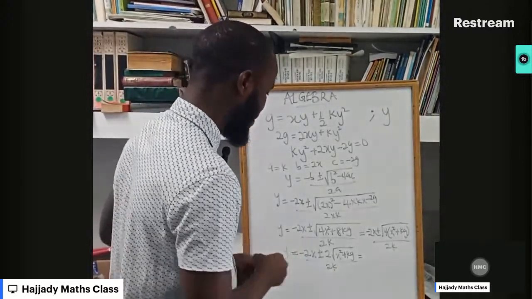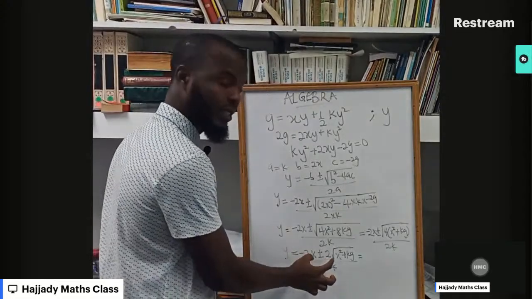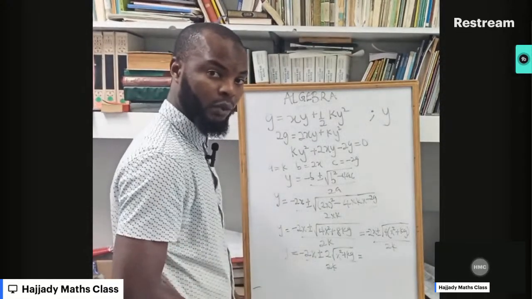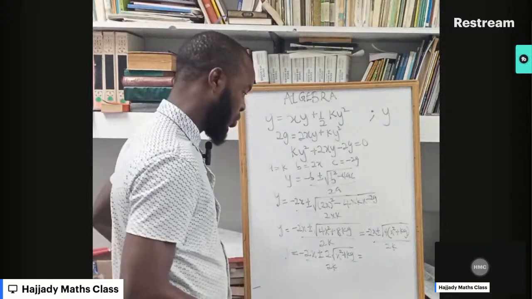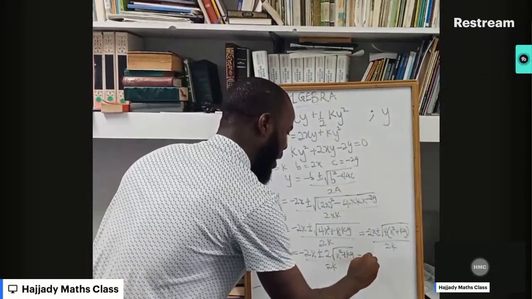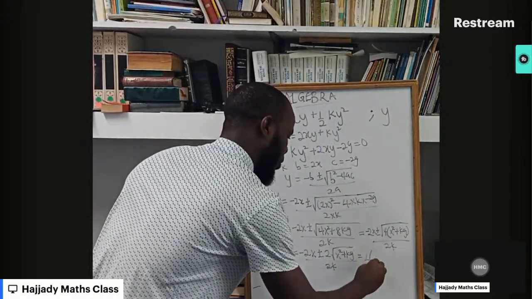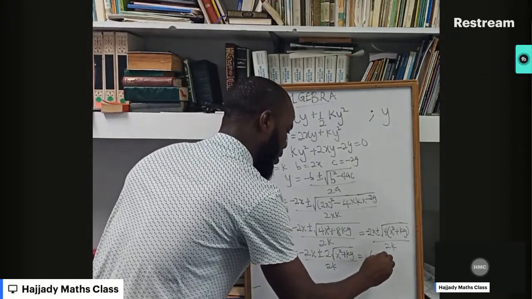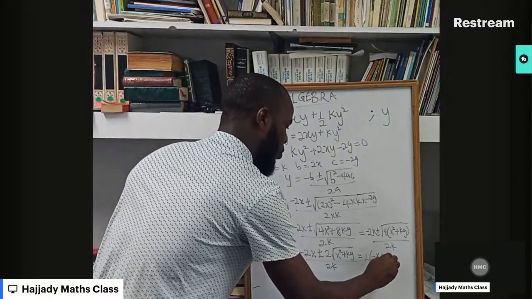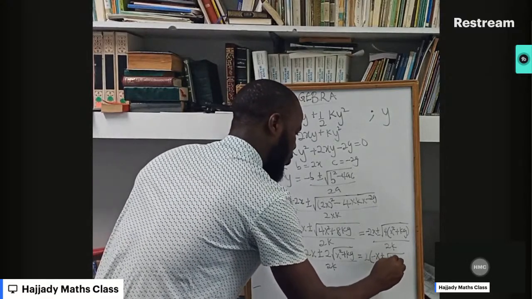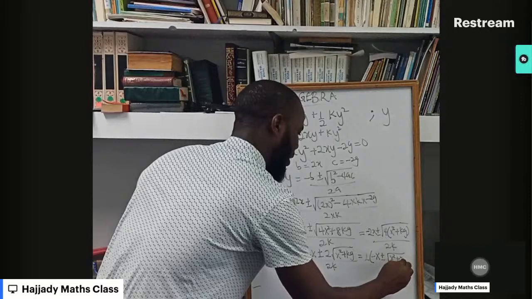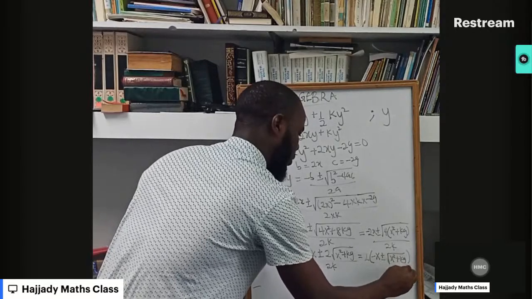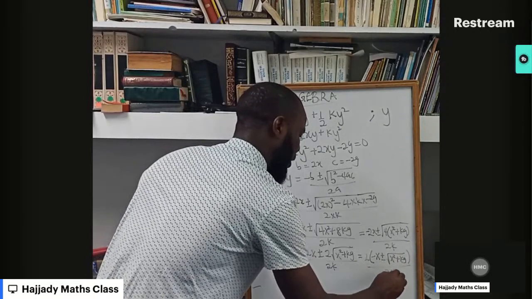So 2 is common to both terms, so possibly we can factor out 2. Factoring out 2, this is going to be left with negative x plus or minus root x squared plus kg over 2k.